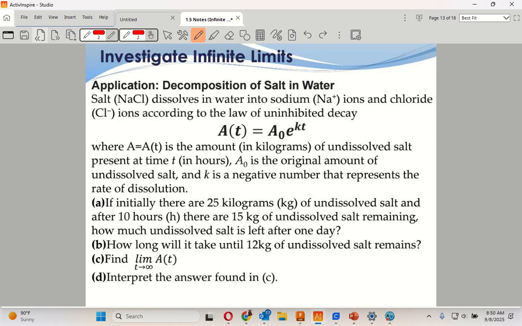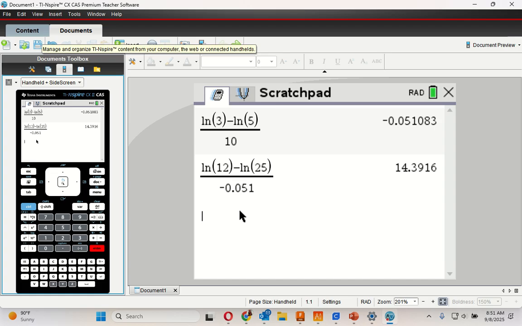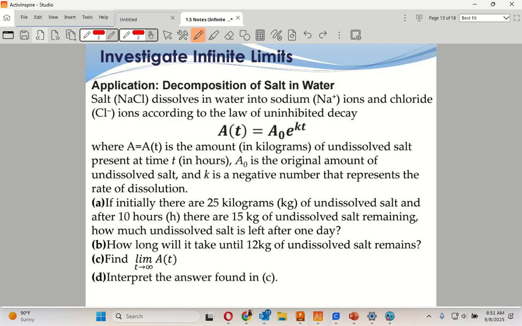Okay, there we go. Find the limit as this goes to infinity. As the function goes to infinity, let's see. So as t goes to infinity, let's go here.